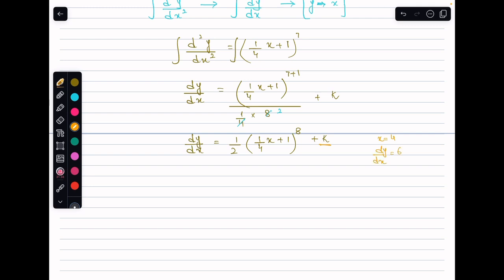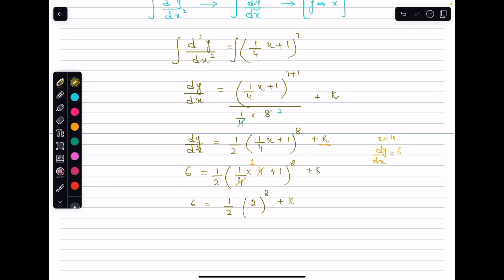So I shall be substituting the two conditions here. dy by dx is 6, and this becomes 1 by 2 times (4 times x, x being 4, plus 1) to the power 8, and then plus k. Again, the 4 gets simplified, giving me a 1, so 6 equals 1 by 2 times (1 plus 1, which is 2) to the power 8, plus k.